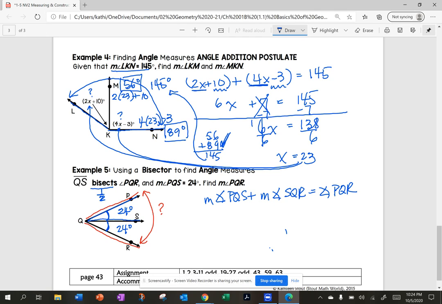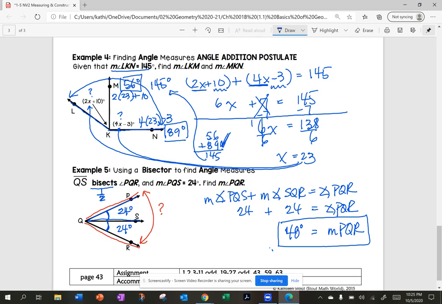Substituting in, I get 24 plus 24 equals angle PQR, and 48 degrees is the measure of angle PQR. Okay, we got it.